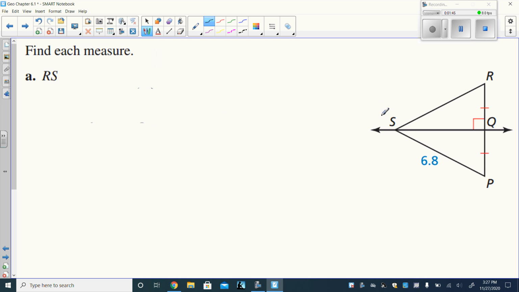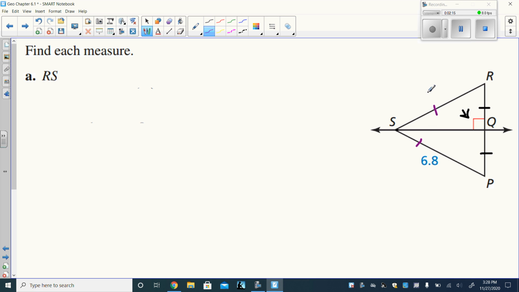So let's look at an example here. Here we have a point S, which lies on the perpendicular bisector. I know it's a perpendicular bisector because we have a right angle here, and it's cut in half. These two segments are congruent. So point S lies on the perpendicular bisector of this segment, and because of that, these two lines are going to be congruent.